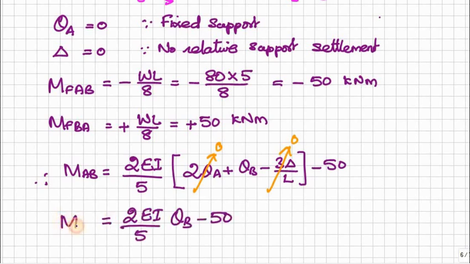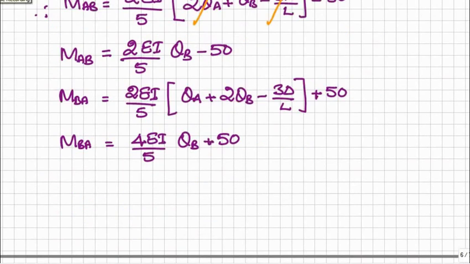Which is equal to 2EI by 5 into theta B minus 50. Similarly, MBA is equal to 2EI by 5 into theta A plus 2 theta B minus 3 delta by L plus 50, but theta A and delta are 0. Therefore, 4EI by 5 into theta B plus 50.